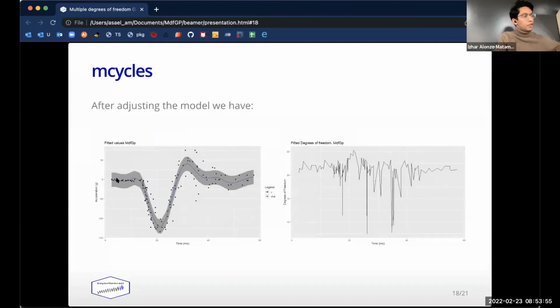Yeah, the other thing is that this is not a marginalized predictive distribution. This is actually a normal distribution that I'm computing there. If I would marginalize it, solving the integral over the degrees of freedom, then every predictive distribution by itself would be similar to a Student t process or Student t distribution.